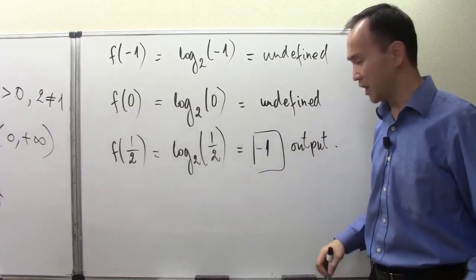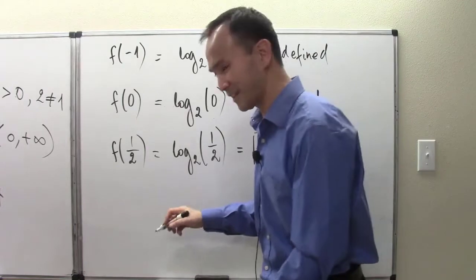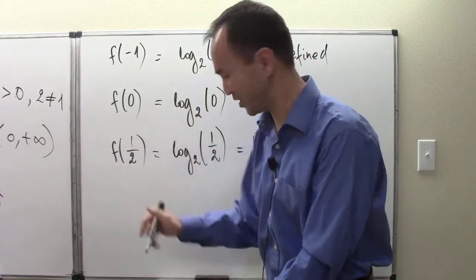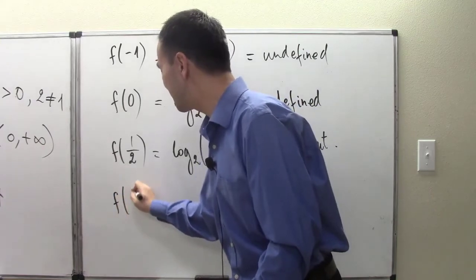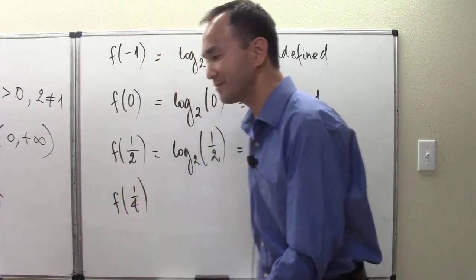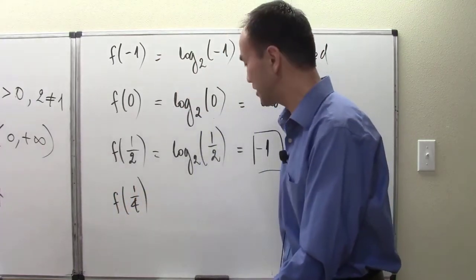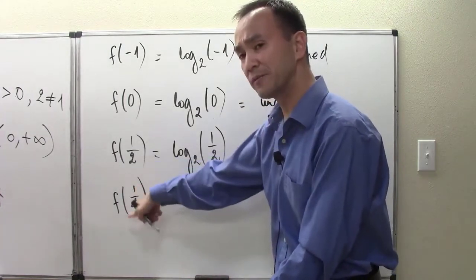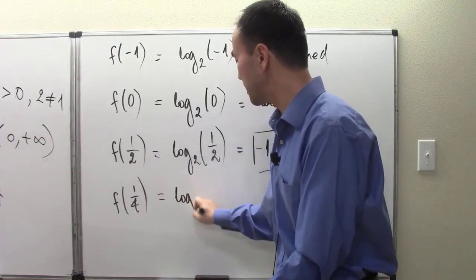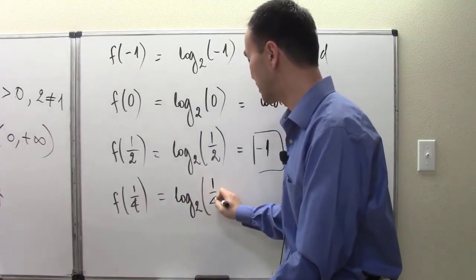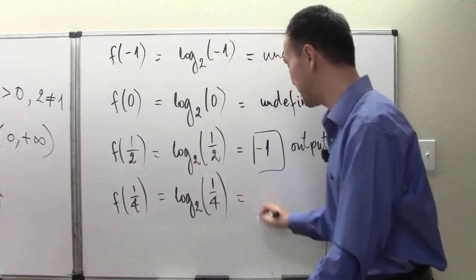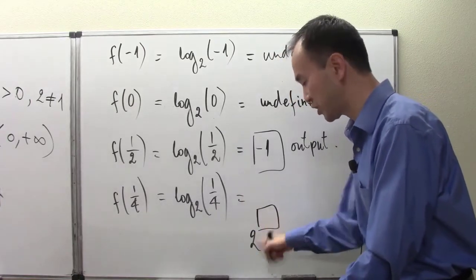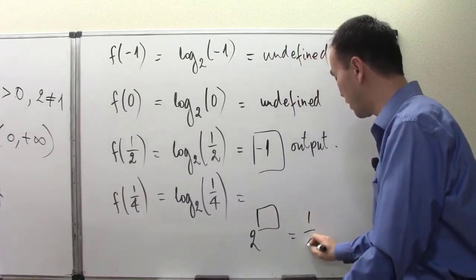I'm going to continue to give a few other, not so pretty inputs. How about f of 1/4? According to the rule of this function f, we take log base 2 of 1/4. Think about it again: what power of base 2 can equal 1/4?